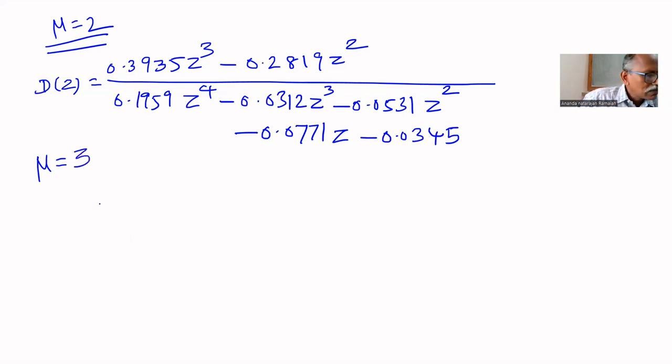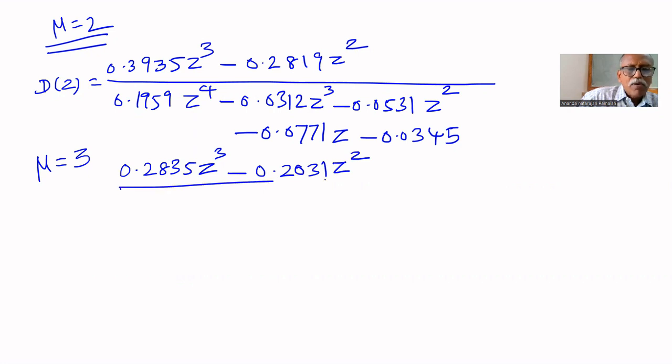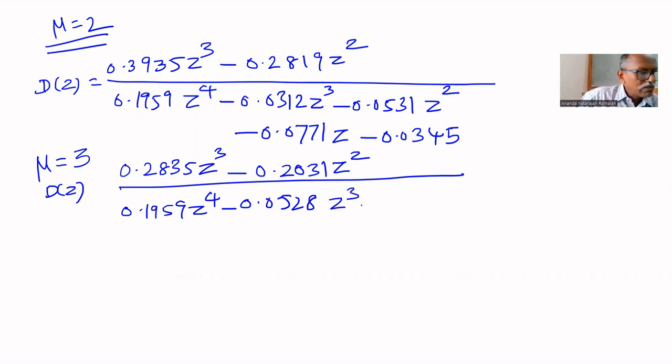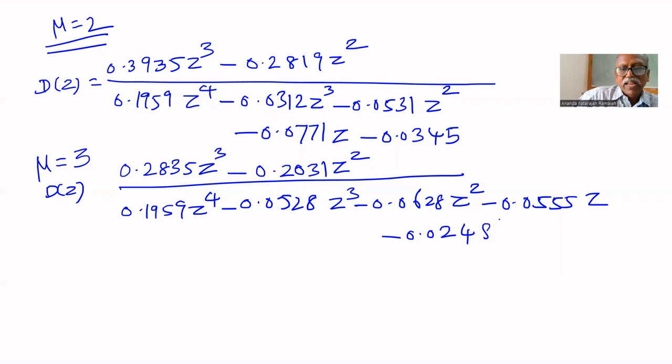Mu equal to 3, you will get D of z equal to 0.2835 z cube minus 0.2031 z square upon 0.1959 z power 4 minus 0.0528 z cube minus 0.0628 z square minus 0.0555 z minus 0.0248.